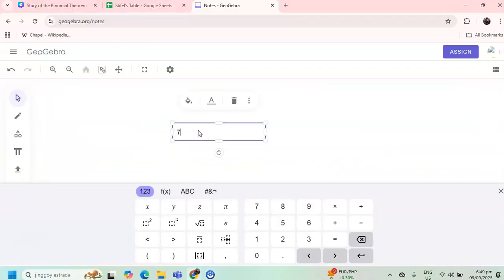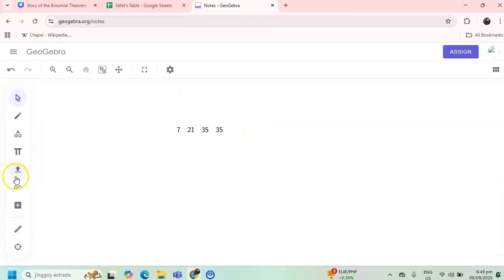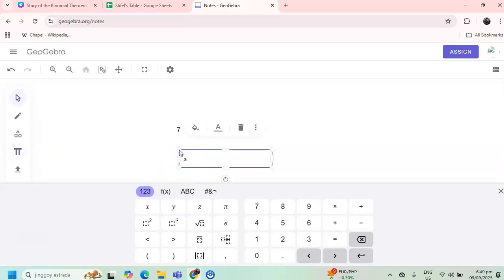In the 7th row, we have 7, 21, 35, 35. So we start with a to the 7th. A to the 7th, okay, plus, what's that, 7, and then decrease the exponent of a, so we have a to the 6th, and then we now have b raised to the power 1.